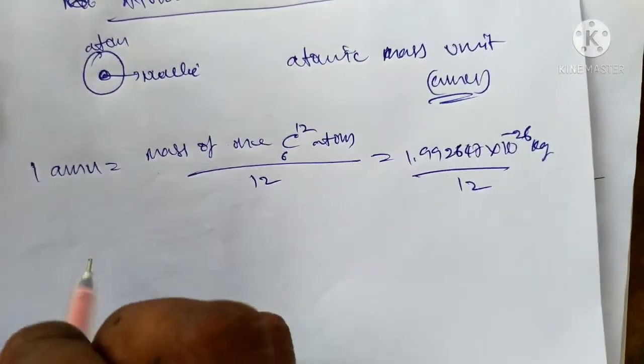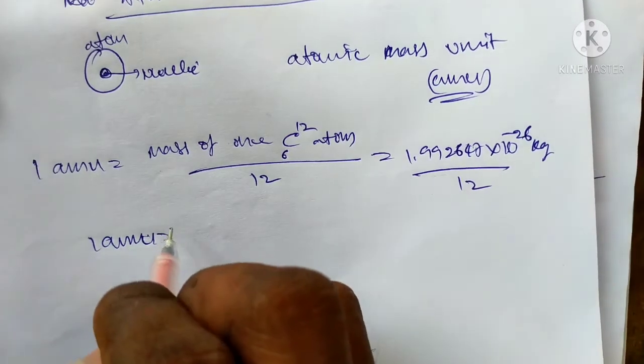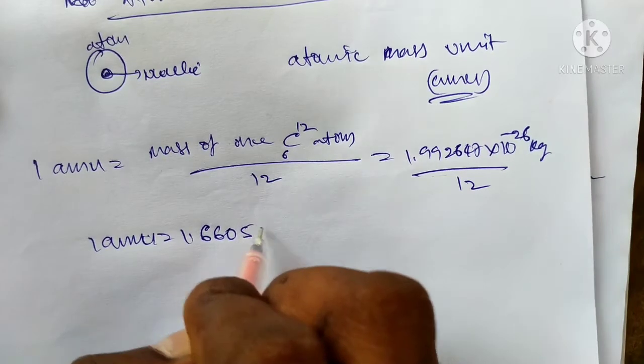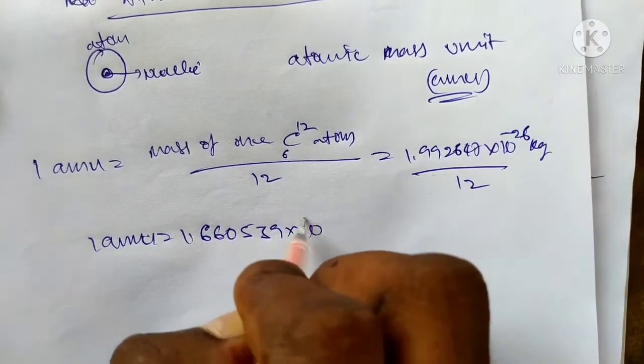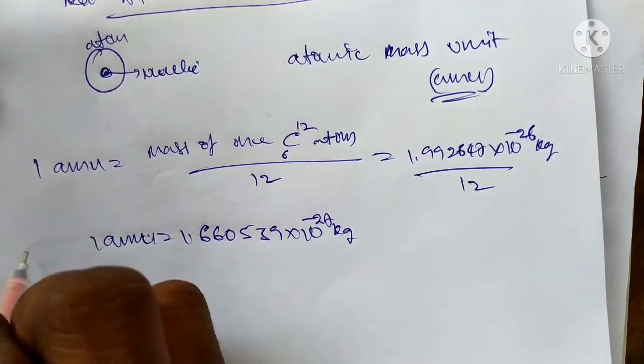So one atomic mass unit is equal to 1.660539 times 10 to the power of minus 27 kg.